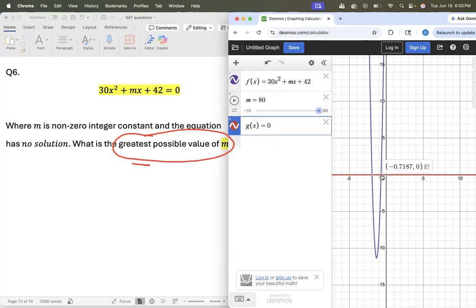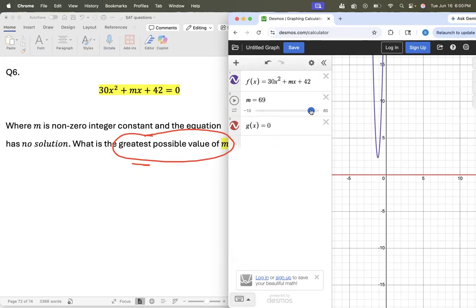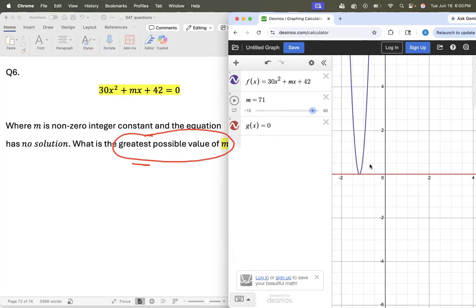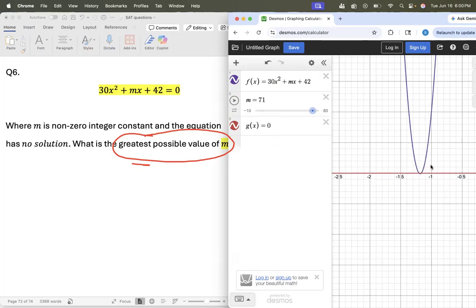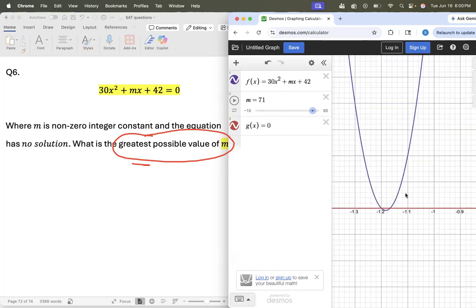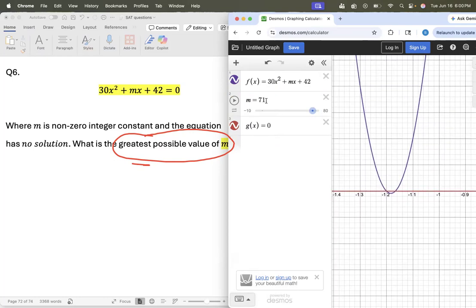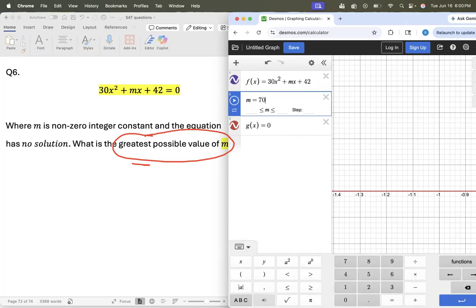When you see that there's a solution, I've got to move it up. So if I raise it up, you see at a certain point, 70, 71. Let's see. You see 71, it even crosses a little bit. Therefore, let me make it 70. If I put 70, it's vanished, right?